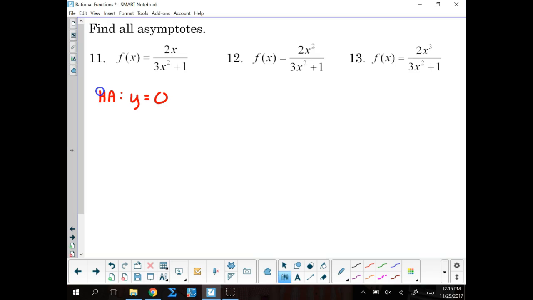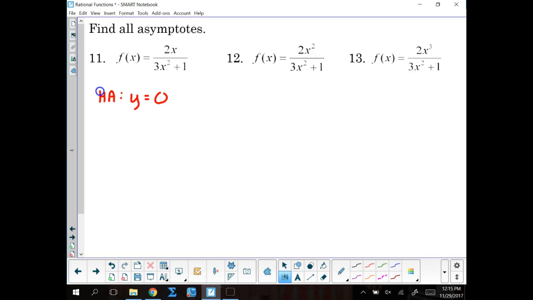Vertical asymptote is still none. Hold on, just wait. How come it can't be vertical asymptote x equals 0? Because put in 0. What do you get? Because 0 squared is 0, times 3 is 0, plus 1. Yeah. That neat old math teacher putting that plus 1 on there for you.